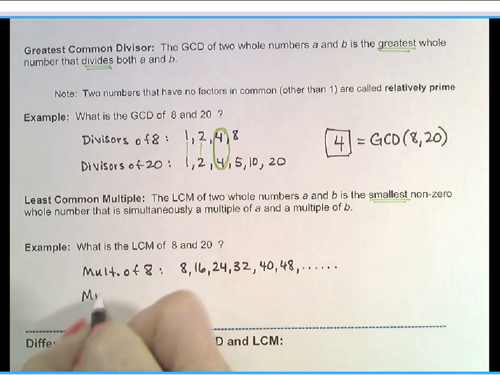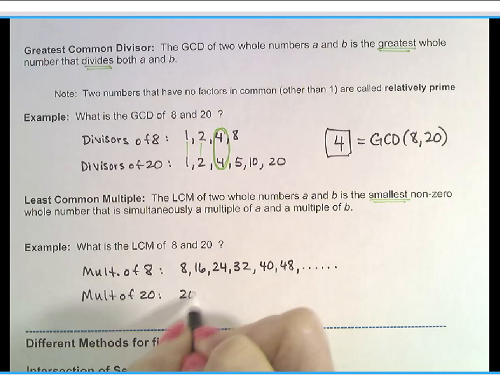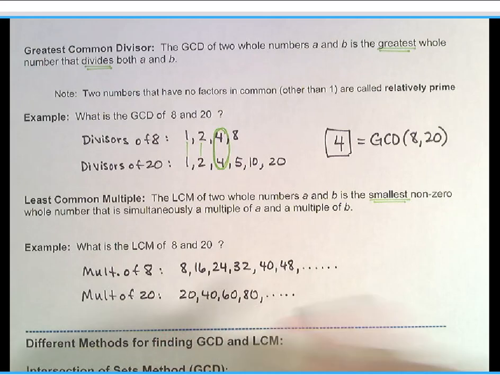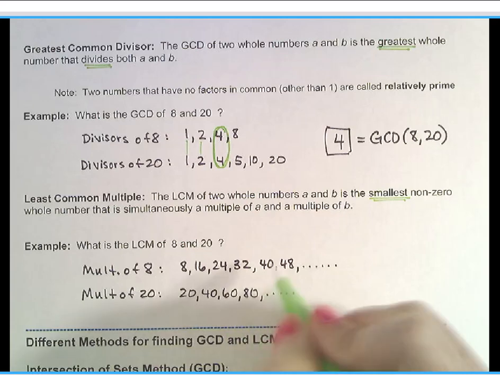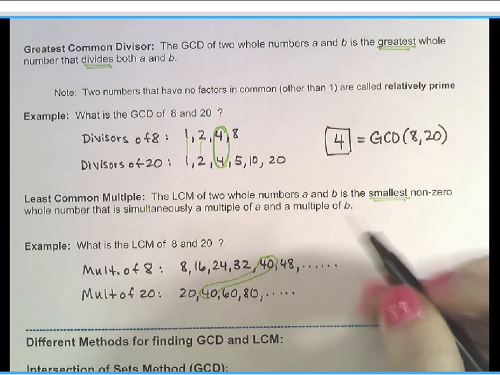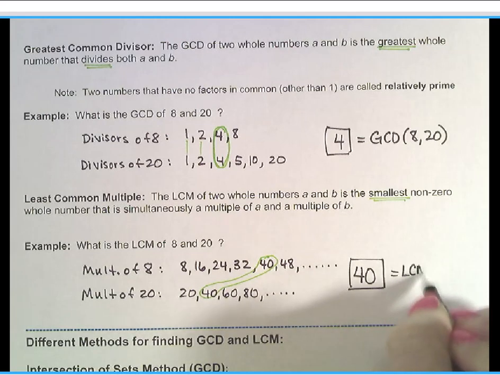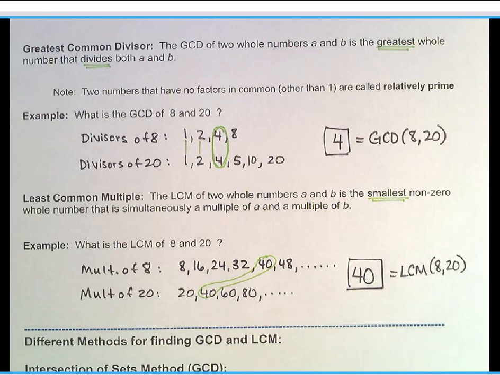If we look at the multiples of 20, those are a little bit easier to skip count. 20, 40, 60, 80. And the first time you come to one that they have in common, that's your LCM. We want the smallest common multiple. So it would appear that 40 is the LCM. And the way that we write that is LCM(8, 20) with parentheses like that.